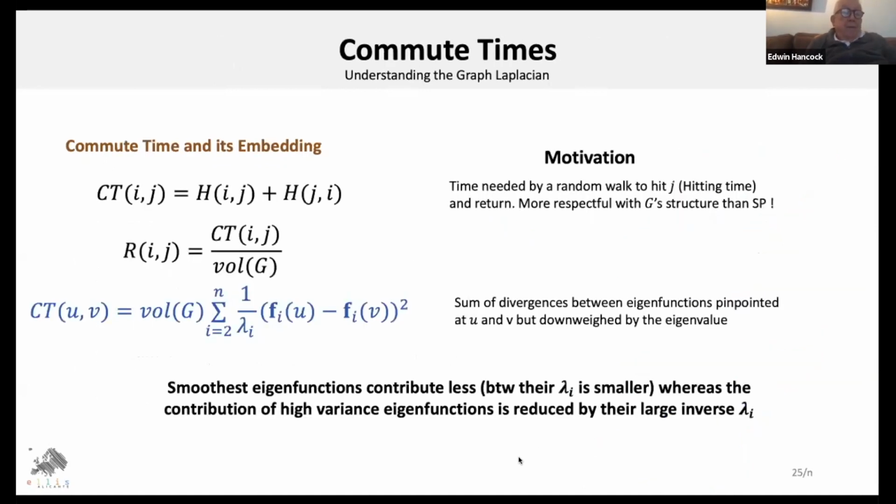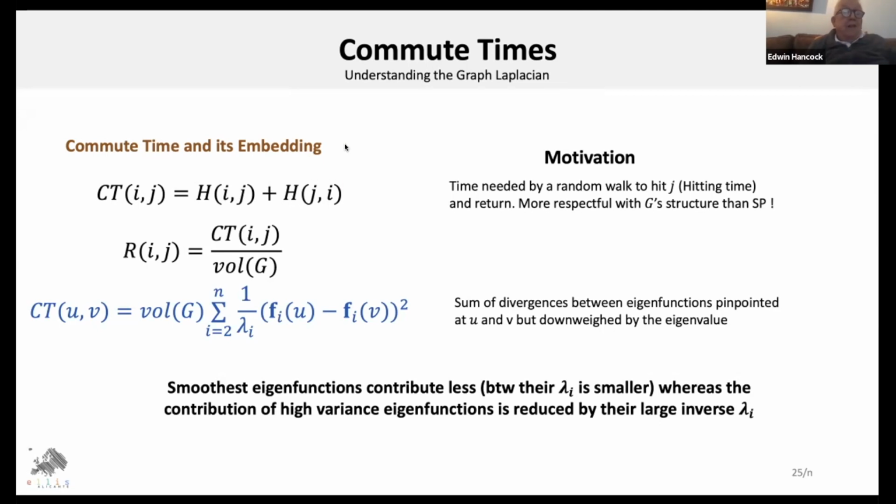Another property of graphs, which is going to be useful when we come to the rewiring discussion, is something called commute time. So commute time between a pair of nodes is defined to be the hitting time of a random walker to leave node i and arrive at node j, and then the hitting time for it to return again.